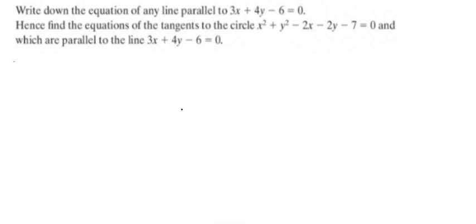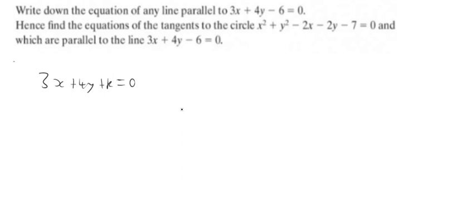Right, so the equation of any line parallel has to be 3x plus 4y plus k is equal to 0. So that's the equation of any line parallel to that line at the top.